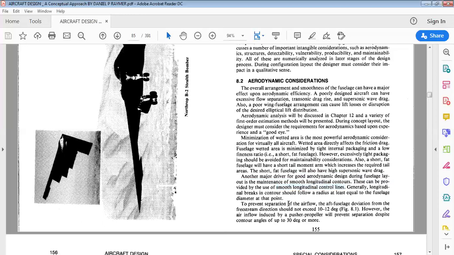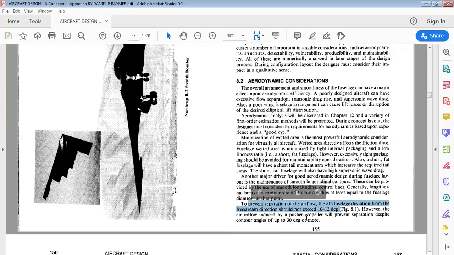Generally, longitudinal contours should follow a radius at least equal to the fuselage diameter at that point. To prevent the separation of the airflow, the aft fuselage deviation from the free stream direction should not exceed, so please make a note of it here, an angle of deviation of around 10 to 12 degrees.